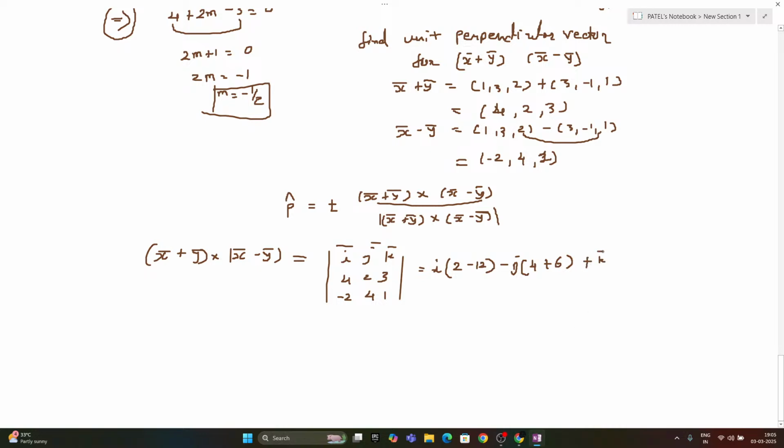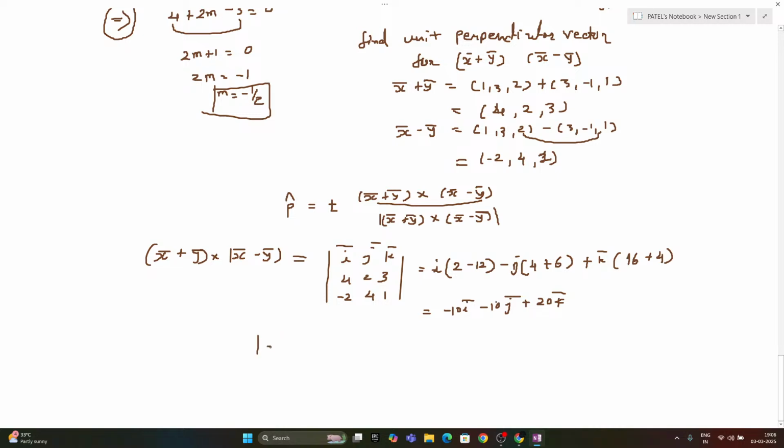And plus k bar, 4 fours are 16 minus minus, plus 4. 2 minus 12, it is minus 10 i bar. 6 plus 4, 10 j bar, and 16 plus 4, 20 k bar.